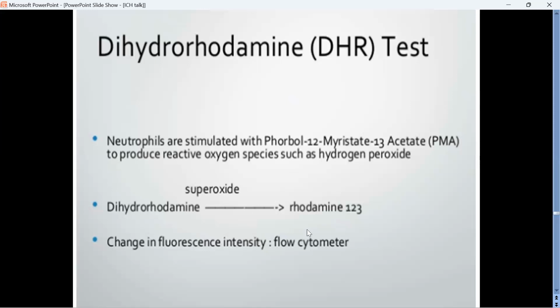So this is the principle of the DHR test in the diagnosis of CGD. Basically, it is checking whether the superoxide is formed or not in vitro, which converts the inactive dihydrorhodamine dye to an active fluorescent rhodamine 123, which is detected in flow cytometry.